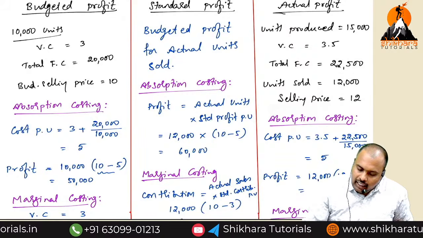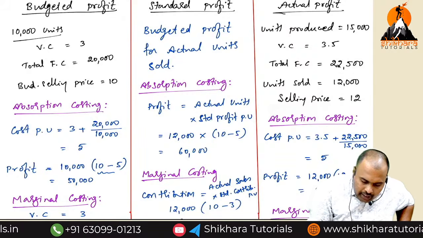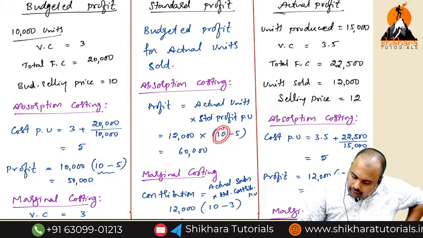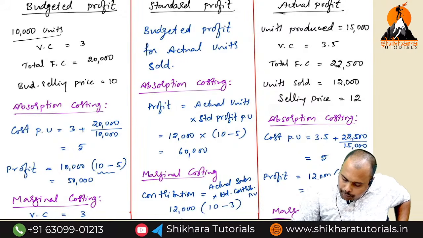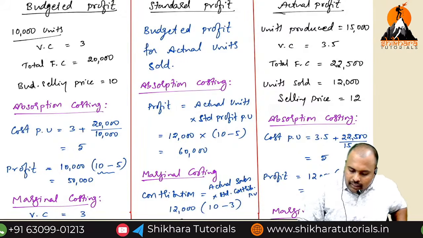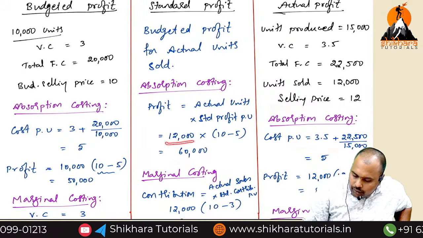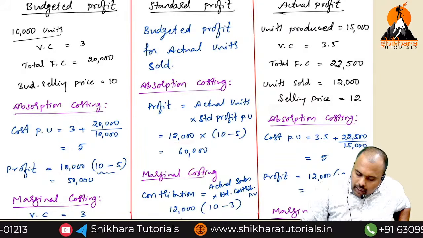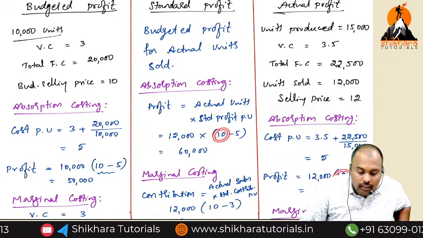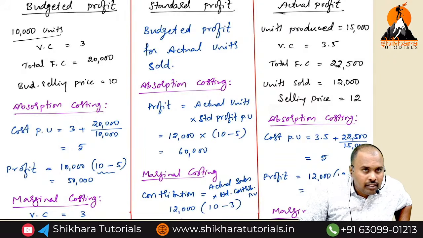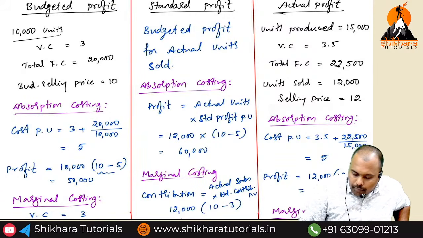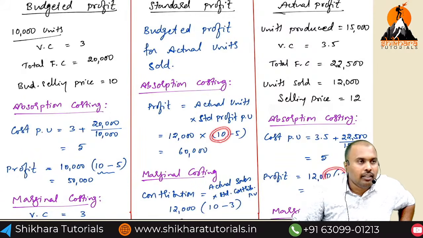But here I considered selling price as 10 rupees, and here I considered selling price as 12 rupees. Check the profit formula under absorption costing. Here same 12,000, same 12,000, but here I am considering the standard selling price, and there the actual selling price.